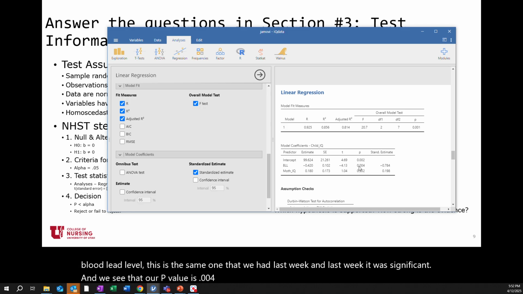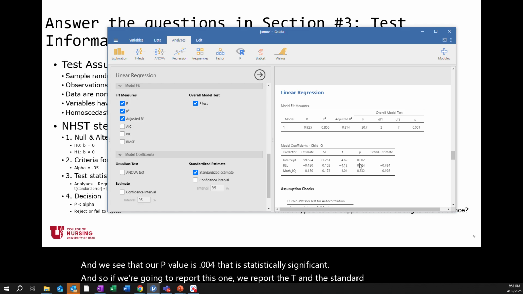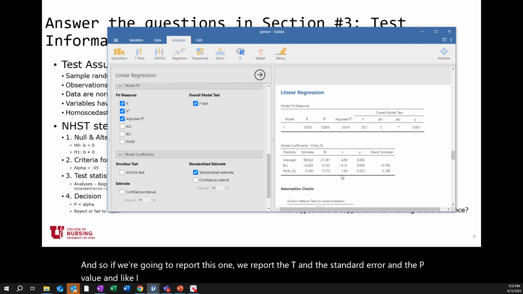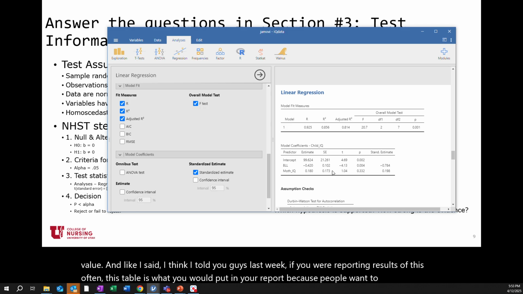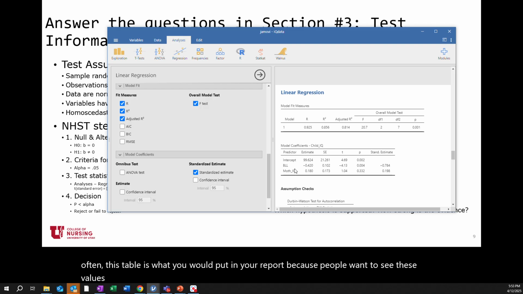That is statistically significant, and so if we're going to report this one, we report the t and the standard error and the p-value. And like I said, I think I told you guys last week, if you were reporting results of this, often this table is what you would put in your report, because people want to see these values for your individual predictors.